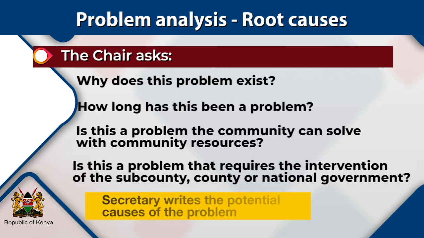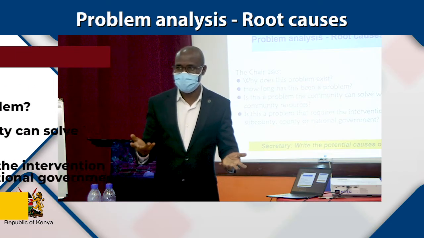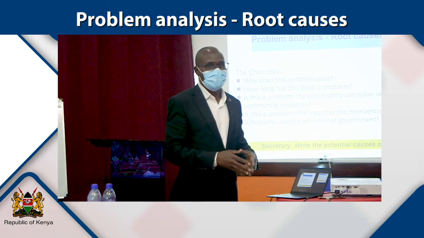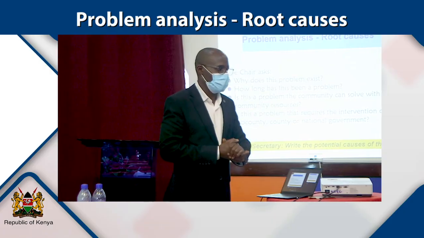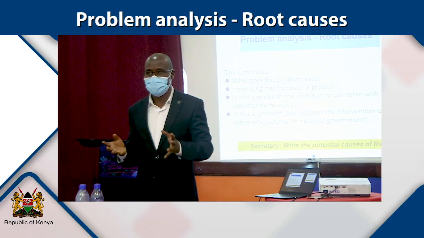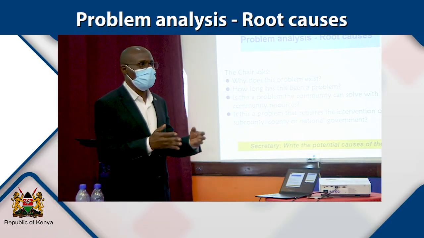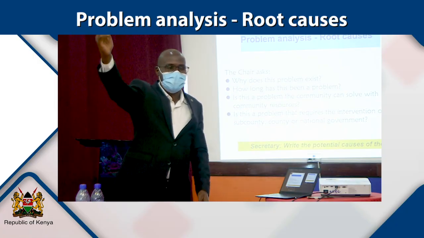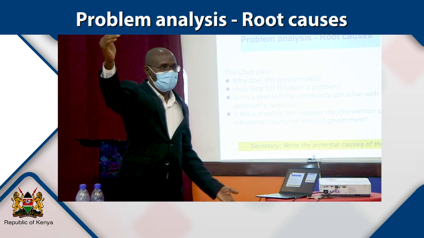Then, the Secretary writes the potential causes of the problem. For example, issues of staffing. If you realize the problem is that you don't have enough staff in that facility, maybe that's why when community members come, they stay long. That's not a problem you can deal with as a facility, isn't it? That's a problem you might need to escalate to the director.